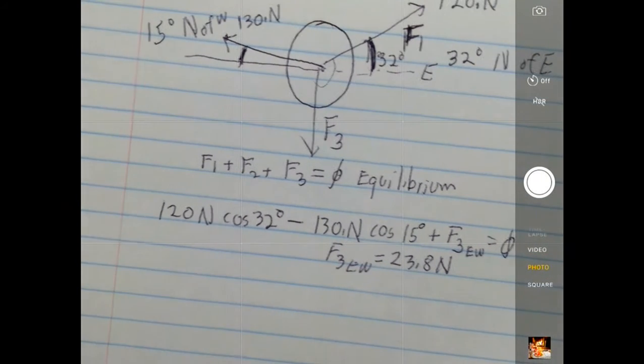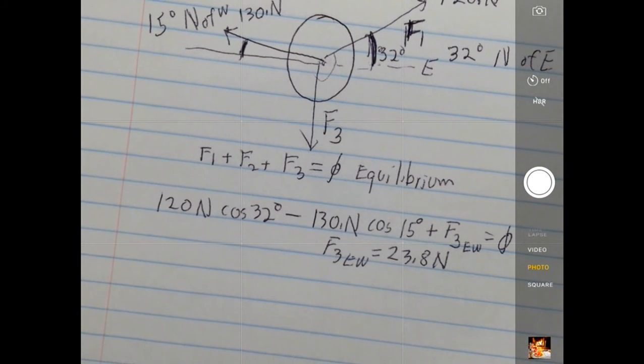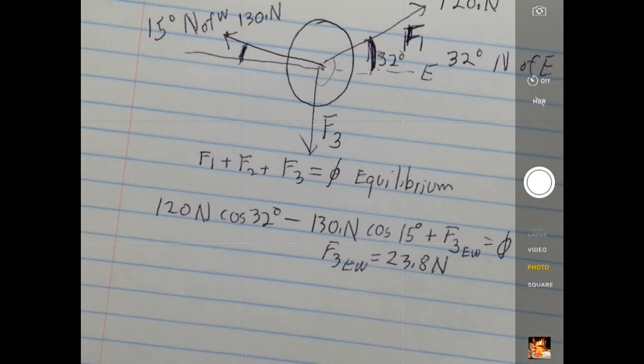First, I chose to solve for east-west first. The east component of F1, subtract from that the west component of F2, when you add the east-west component of F3, they have to add up to 0. So I have F3 pulling to the east.